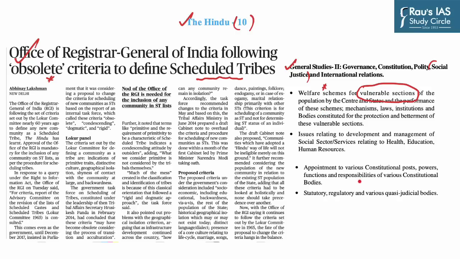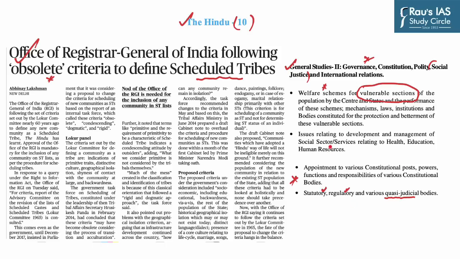Apart from this, the article also talks about the National Commission for Scheduled Tribes and the Office of Registrar General of India. And as you can see, appointment to various constitutional posts, powers, functions and responsibilities of various constitutional bodies is also mentioned in the syllabus. Apart from this, statutory, regulatory and various quasi-judicial bodies have also found their mention under the governance part.